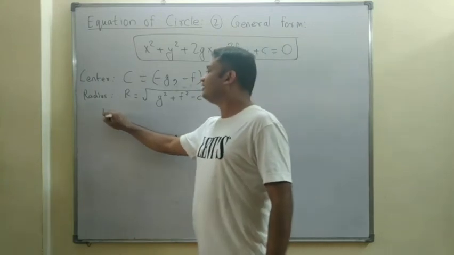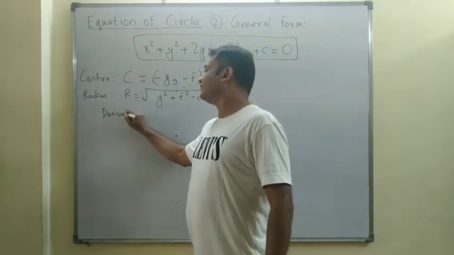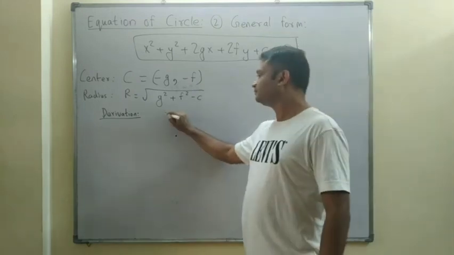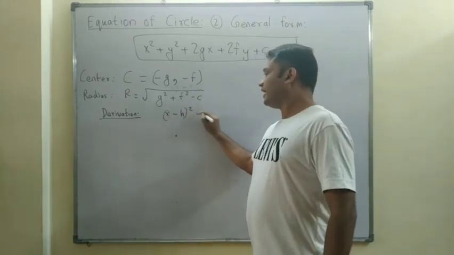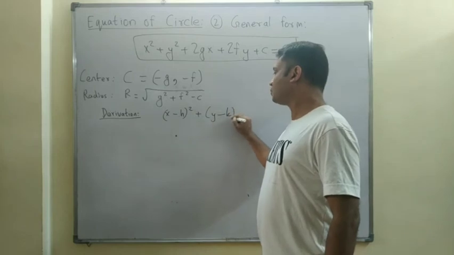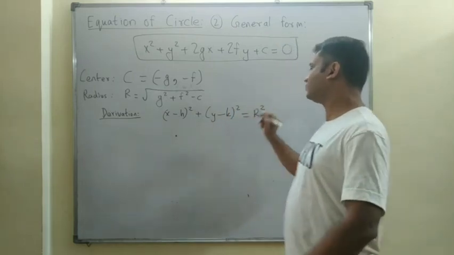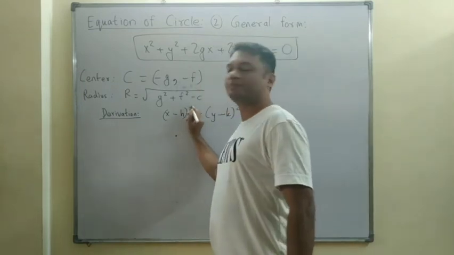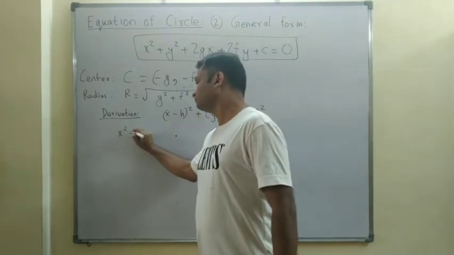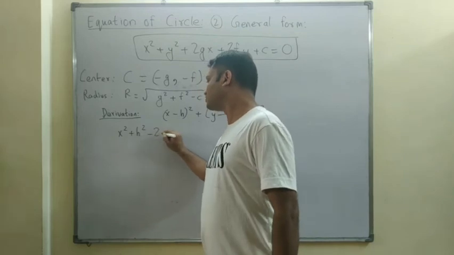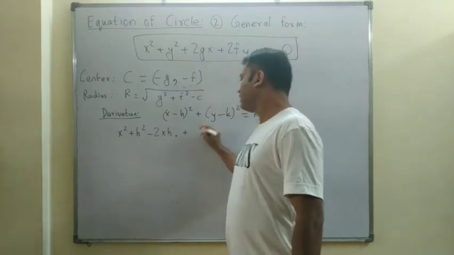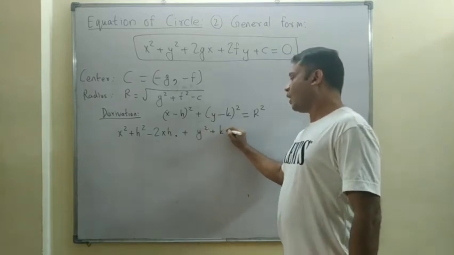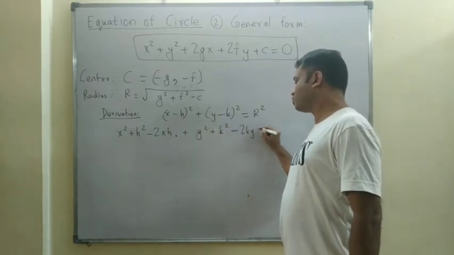Now let us see the derivation of this equation of circle. We have already derived one equation of circle: x minus h the whole square plus y minus k the whole square is equal to r square. Now let us expand this. a minus b the whole square is a square plus b square minus 2ab, and similarly y minus k the whole square is y square plus k square minus 2ky.